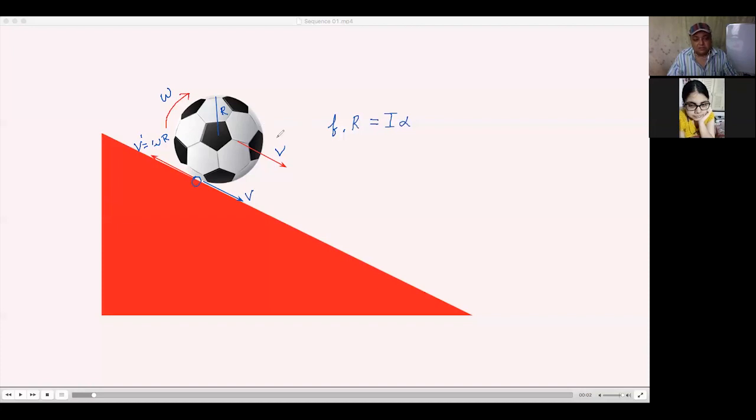So with time, omega should increase till a point comes when omega r should be equal to this velocity v. This is the condition for pure rolling. Now what is happening at this point? Since the velocities are opposite and opposing each other, it should have zero velocity. So this point apparently doesn't move.